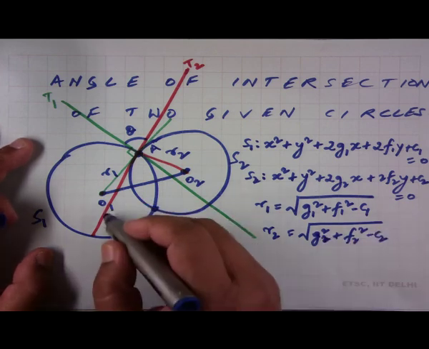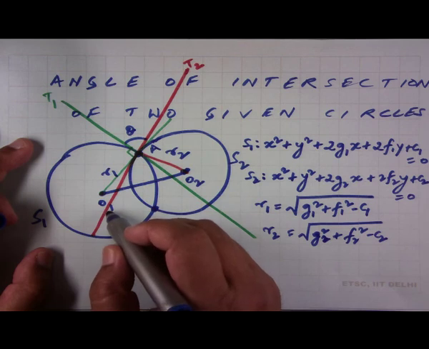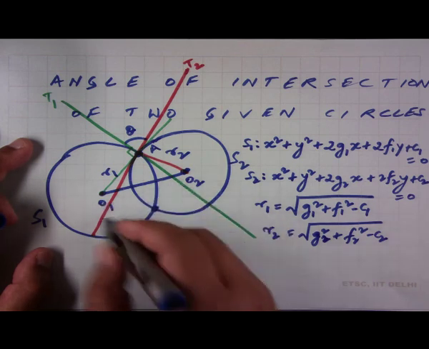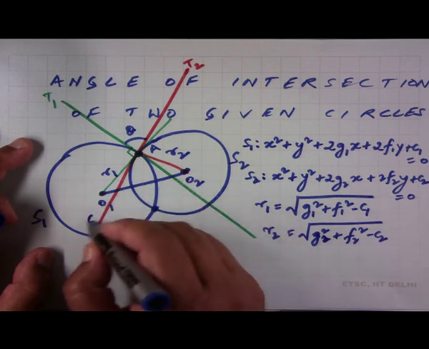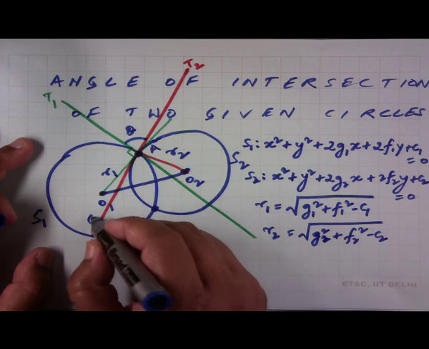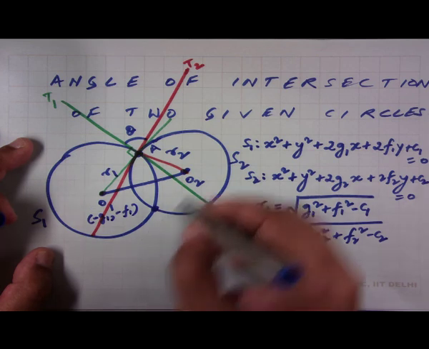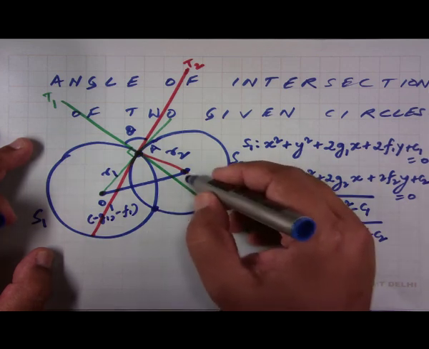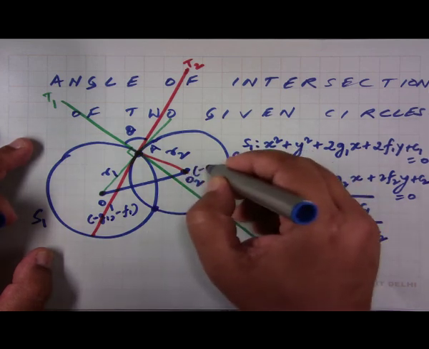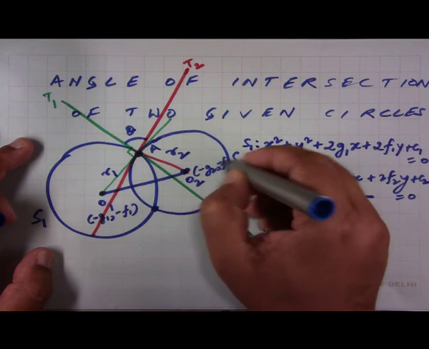And then of course, we already know the coordinates of the centers. The center of the first circle is minus g1 comma minus f1, and the coordinates of the point O2, which is the center of the second circle, is minus g2 comma minus f2.